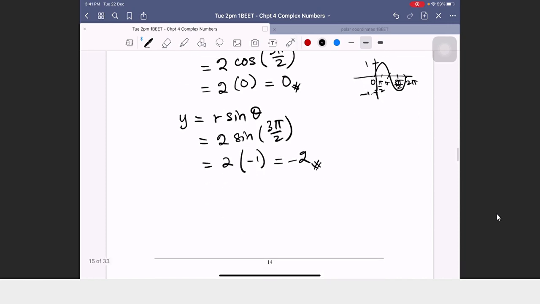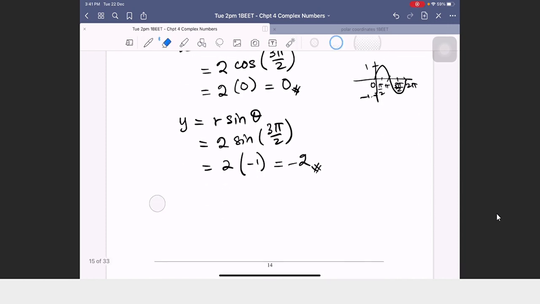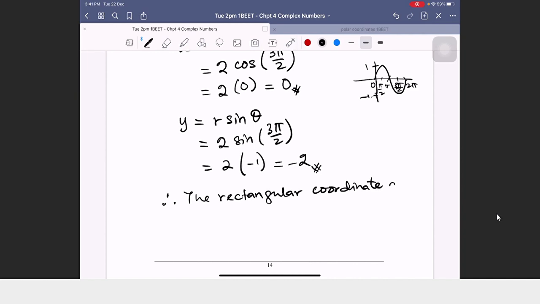Okay, so then I can conclude. Therefore, the rectangular coordinates of (2, 3 pi over 2) are (0, minus 2).